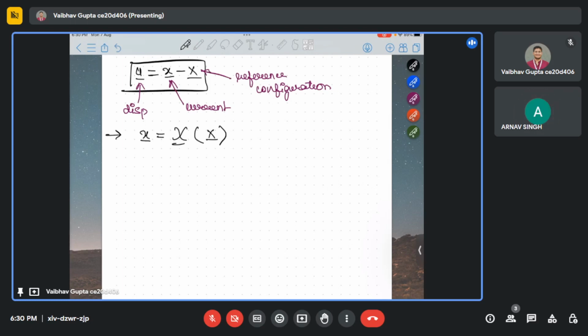This is how we follow it in the course, and you will find it in textbooks also. So this is nothing but a deformation field which relates the current configuration with the reference configuration. This is known as the deformation field or motion field.